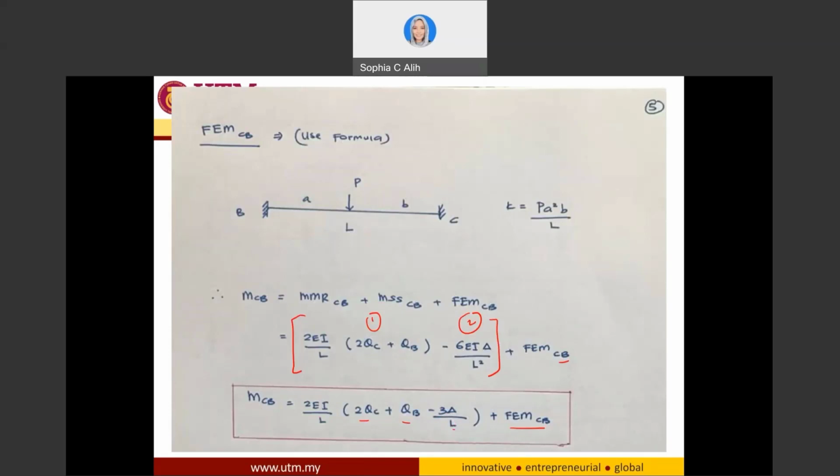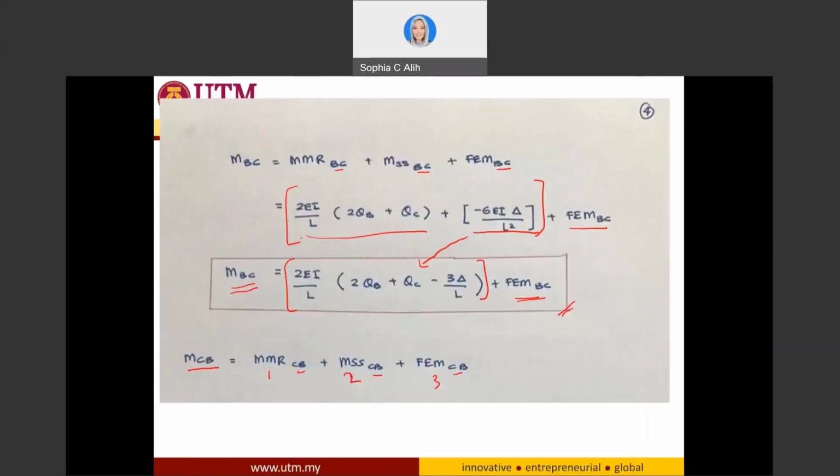So if you can see, the pattern of this equation is the same, only the first one is going to be different. Okay, so if you are looking for end moment of CB, the only thing that you have to change here is 2 theta C plus theta B. Okay, the first one is C, so it's going to be 2 theta C plus theta B.